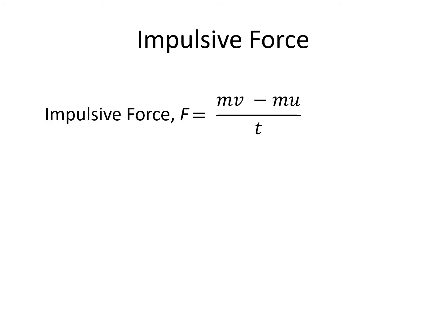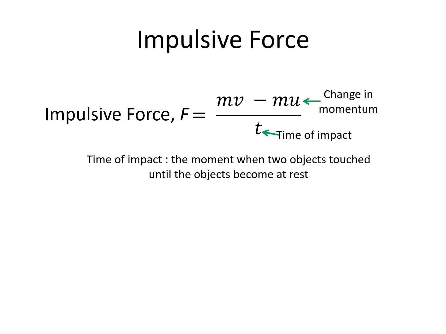Impulsive force. Impulsive force is given by F equals mv minus mu divided by t, where mv minus mu is the change in momentum and t is the time of impact. So what does it mean by time of impact?